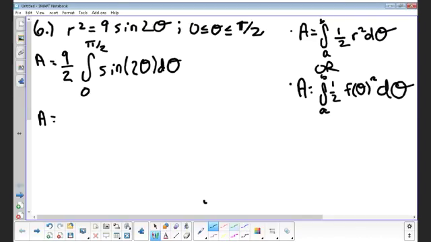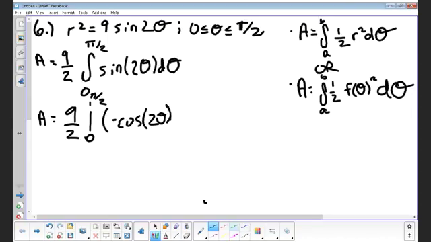We have area is equal to 9/2, evaluated from 0 to pi over 2, of the integral of sine, which is negative cosine of 2 theta over 2. Okay, so now we just evaluate this expression.